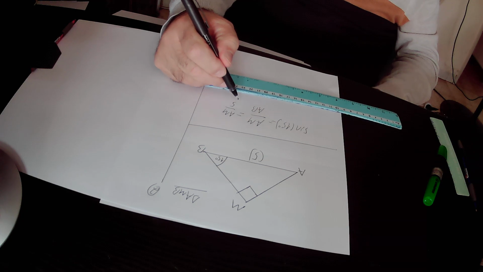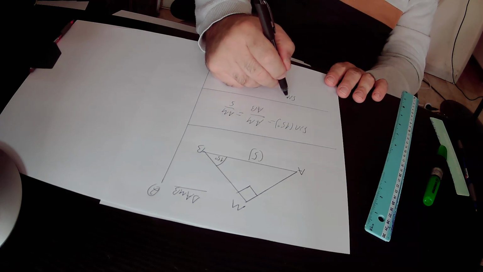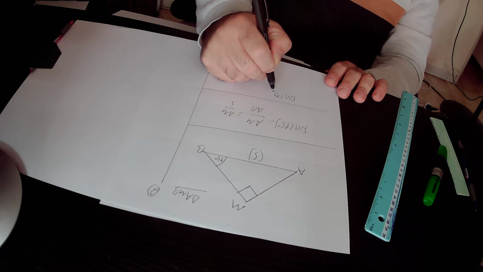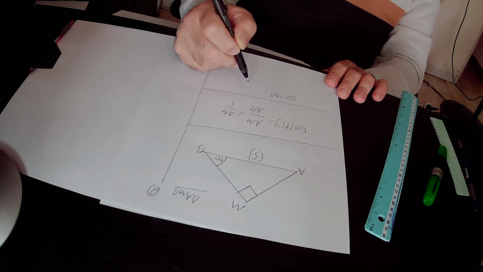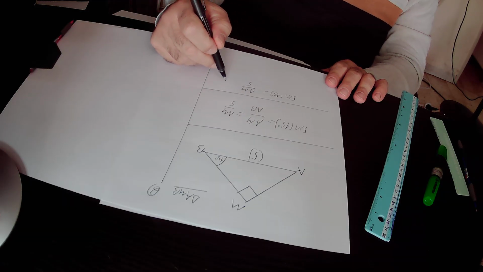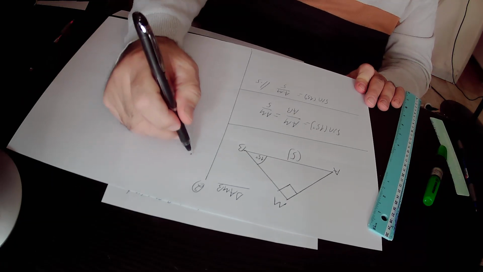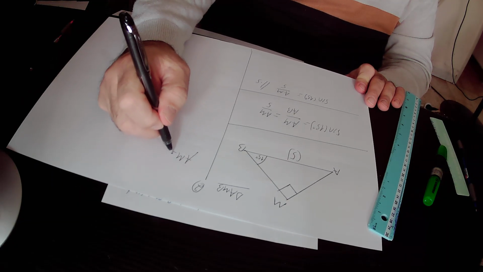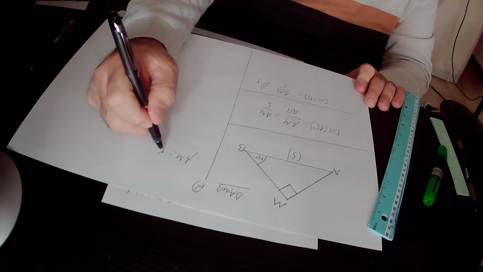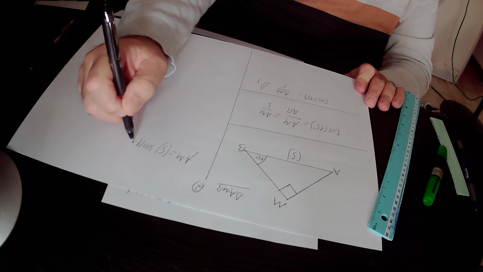AB is 5, so in total we found out that sine 15 degrees equals AM over 5. Here we will multiply this equation by 5 and finally we get that AM equals 5 times sine 15 degrees.